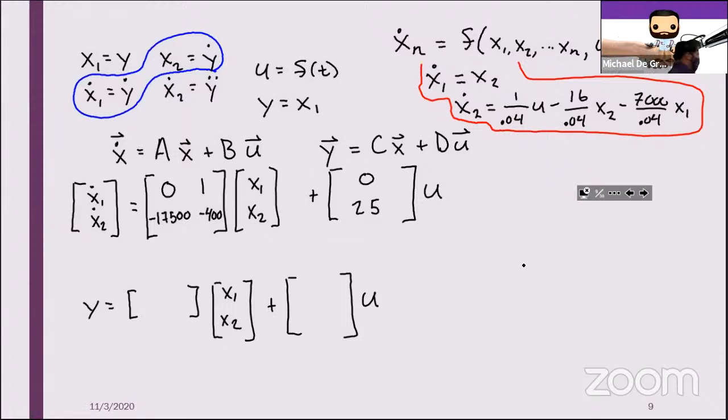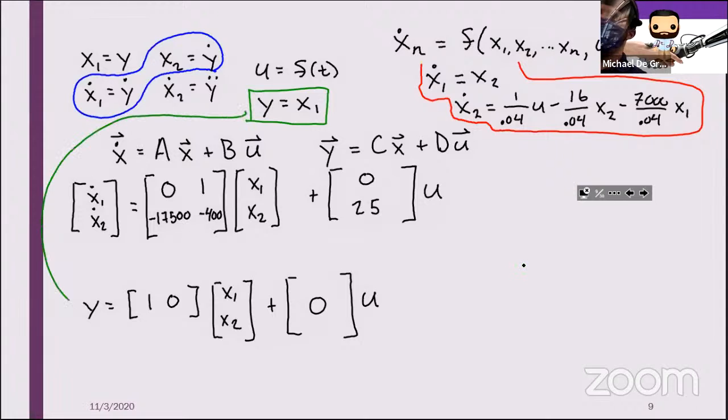Then we can do our y equation, our output equation. And we know that y is equal to x1. Row times column, 1 times x1 plus 0 times x2. There's no u in that equation. Remember, we're just using that equation here; that green box equation is what feeds us the output equation.